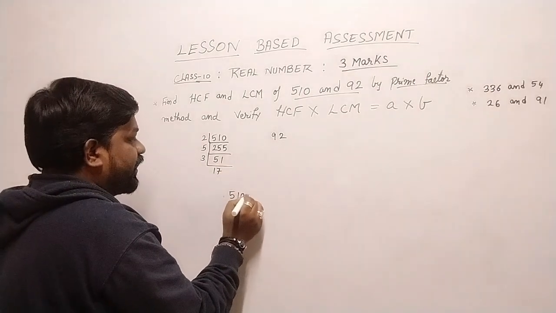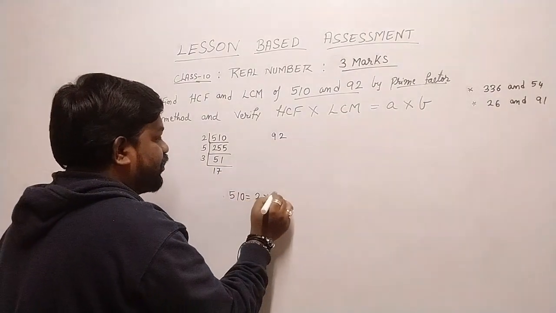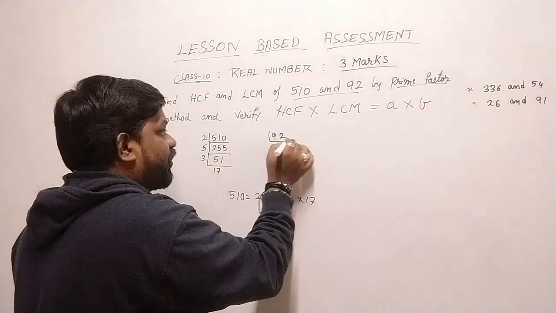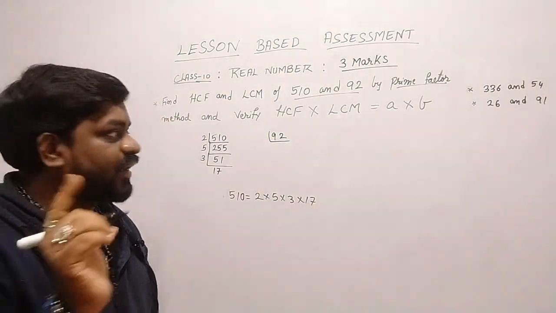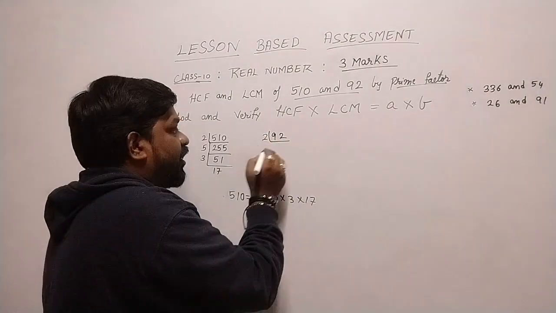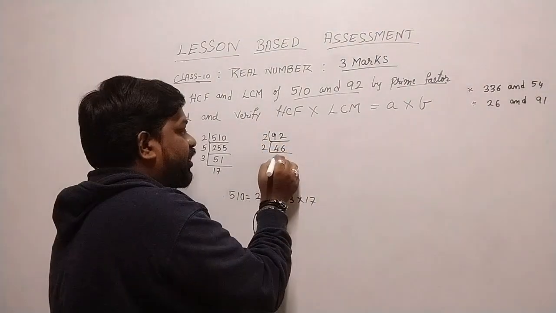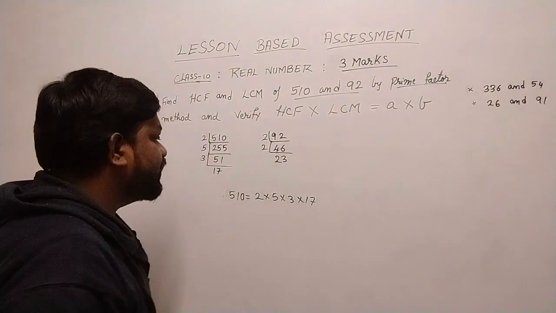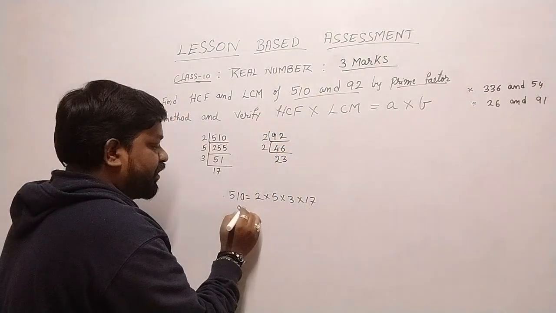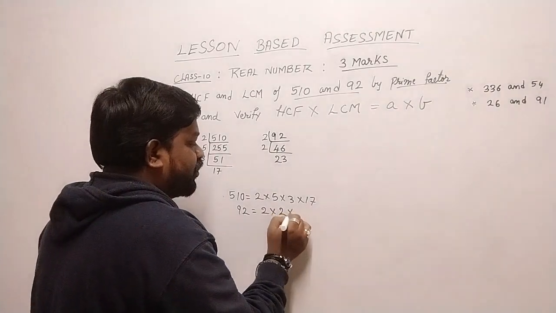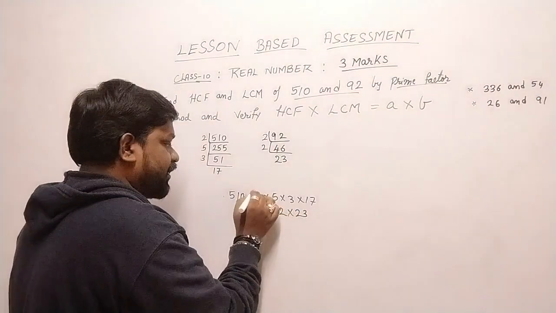So 510 can be written as 2 into 5 into 3 into 17. Now do the prime factors for 92. From the 2 table, if we start, we will get 46. Again from the 2 table, 23. 23 is a prime number. Stop over there. 92 equals 2 into 2 into 23.